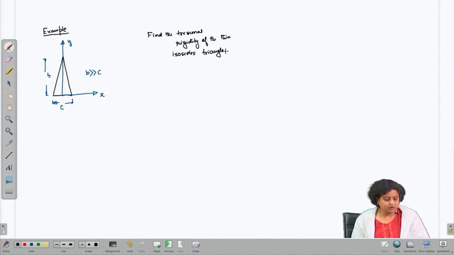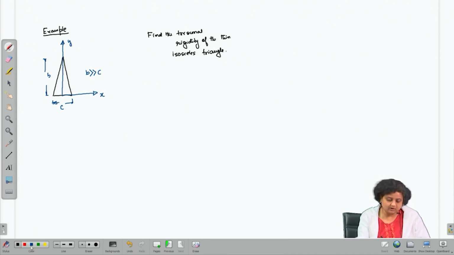So, here also we can assume that the deformed shape can be very well approximated by a corresponding flat deformed shape, neglecting the end effect.